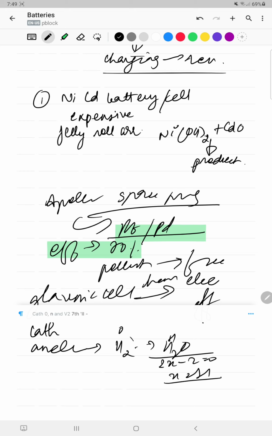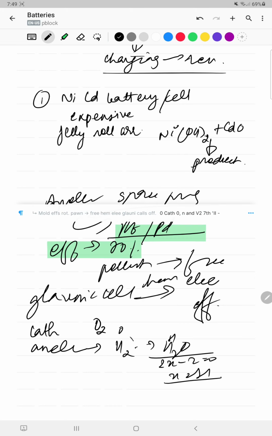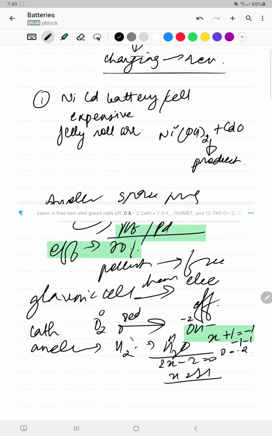Here we are talking about H2. And on cathode, reduction takes place, so O2 will change to minus 2. How is it changing to minus 2? x plus 1 is equal to minus 1, and minus 1 minus 1 is equal to minus 2. Reduction, oxidation. Thank you.